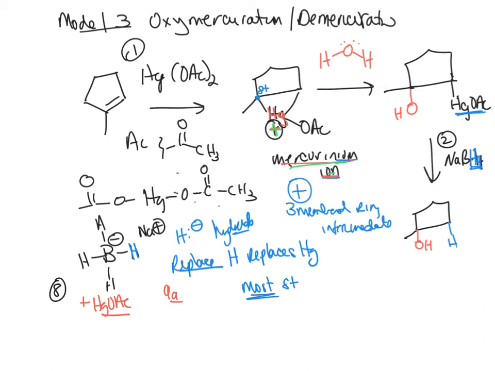The mercurinium ion intermediate will react with one of two nucleophiles present in the reaction. There's the acetate here, and this is not nucleophilic. When you have to decide between the acetate, which has a negative charge, or the water as your nucleophile in your second step, the water is going to be your nucleophile.